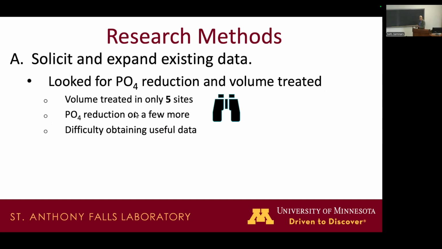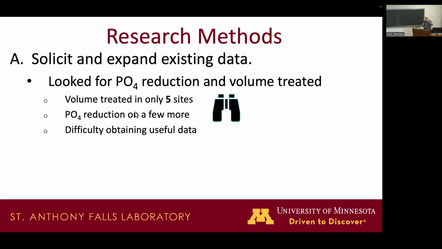So, our research methods. This is what we put in our proposal to the MSRC. The first thing we wanted to do was to solicit and expand existing data. So we looked for phosphate reduction and volume treated, because I thought volume treated might be a good metric for how the filter is doing.